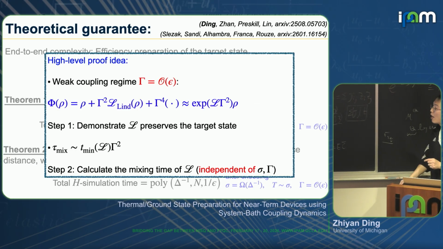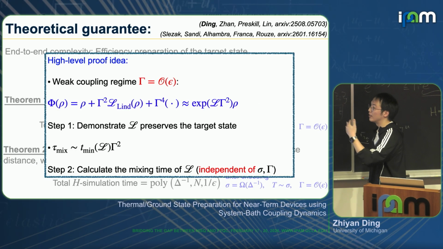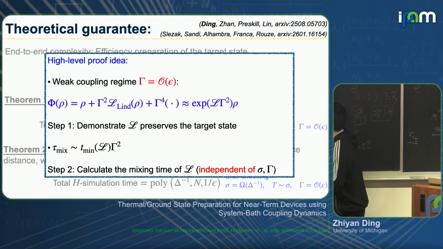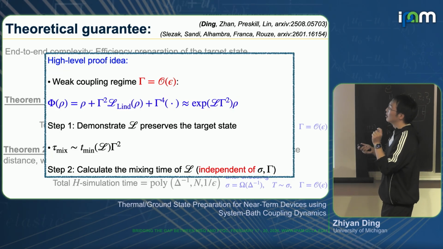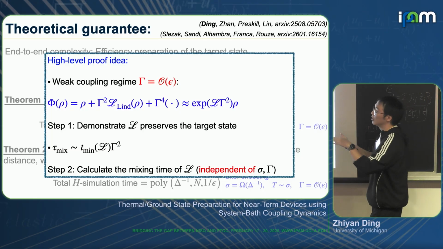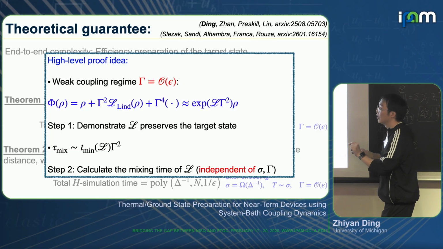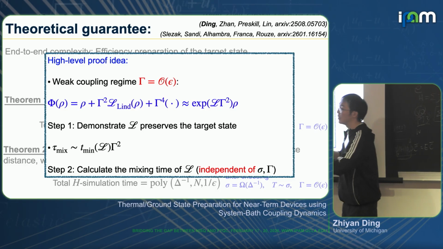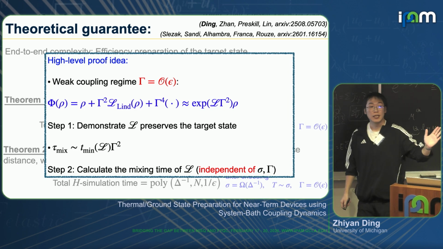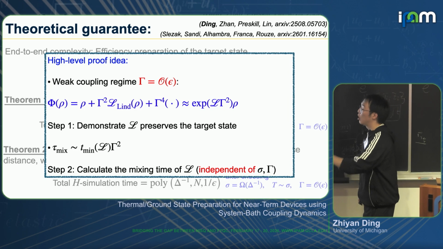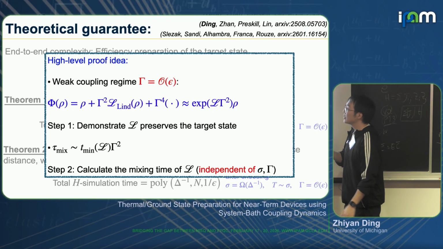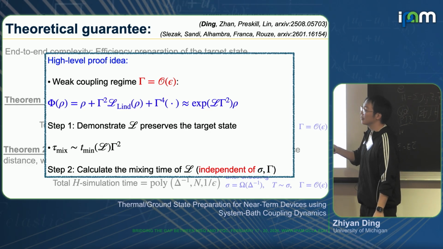Here I want to briefly introduce the proof ideas for this framework. Essentially, one reason we consider the weak coupling regime is that when I choose my gamma to be order epsilon, I can show that my quantum channel can be approximated by a Lindblad dynamics. Although I'm doing a system-bus interaction framework, because my coupling strength is very weak, the whole dynamics can be approximated by a Lindblad dynamics.